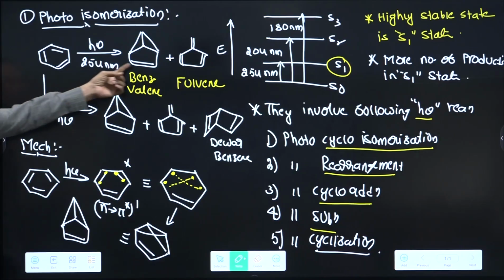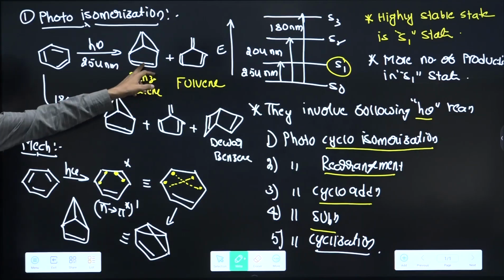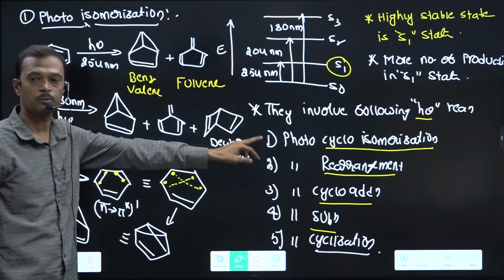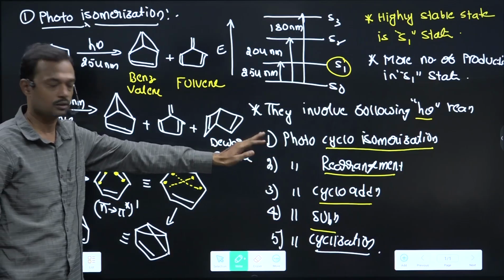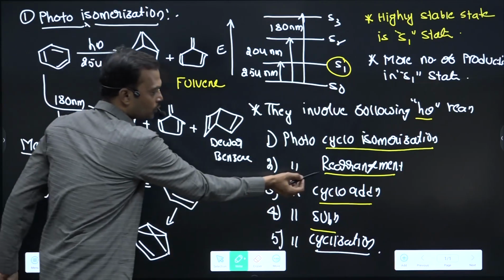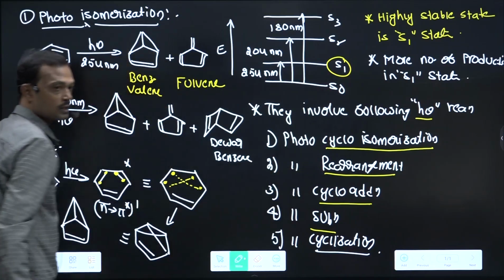Only products and their names they will ask: benzvalene, fulvene and Dewar benzene. Dewar benzene on 2 pi cycloaddition will give prismane. That you will discuss later, but remember how to prepare benzvalene, because if you want to understand rearrangement, preparation of benzvalene is very important.